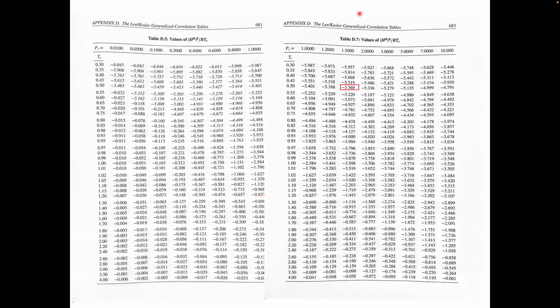All right, so this is the table outlining HR0 divided by RTC as a function of different PR values and different TR values. Same thing for example here: TR is like 1.5, and PR is like 0.5, and then you have HR0 equal to this particular number.